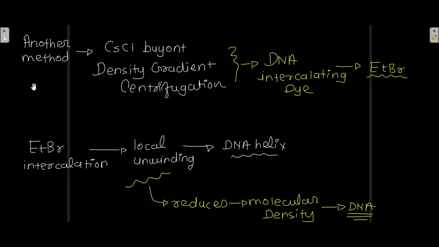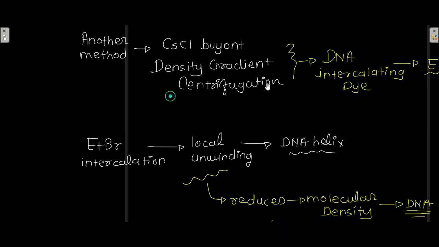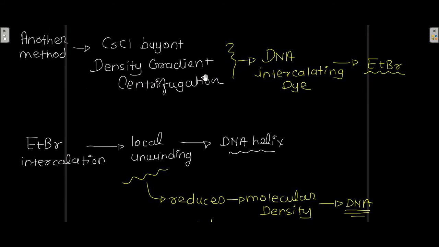Now another method for plasmid purification is CsCl buoyant density gradient centrifugation, and this process we do in the presence of a DNA intercalating dye known as EtBr, that is ethidium bromide. This is just another method for plasmid purification, CsCl buoyant density gradient centrifugation in the presence of EtBr.